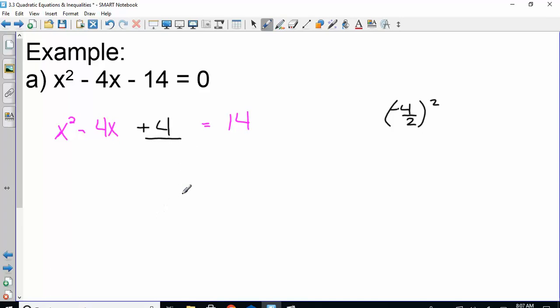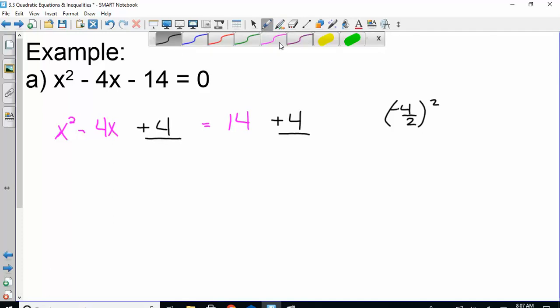But in an equation, if we want to keep it balanced, if we do something on one side, we have to do it on the other as well. So if I add 4 on this side, we also add 4 over here. Does everyone see where my 4 came from?